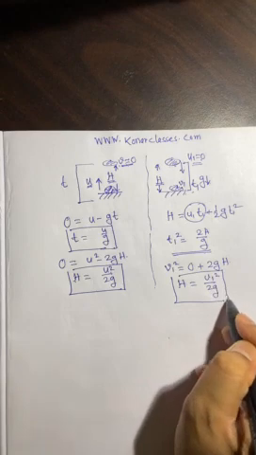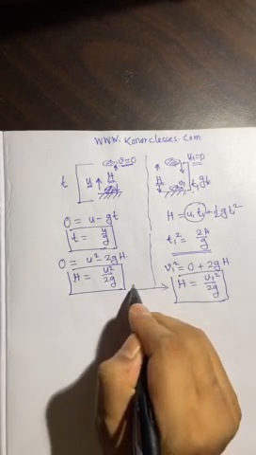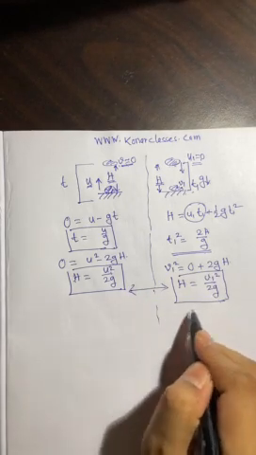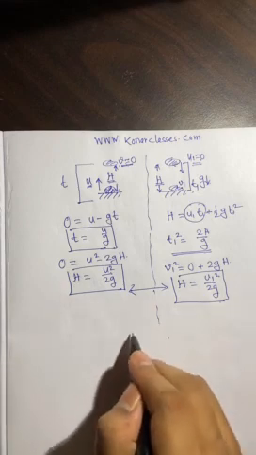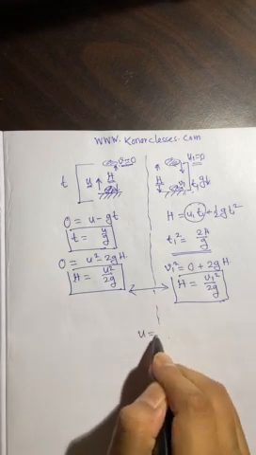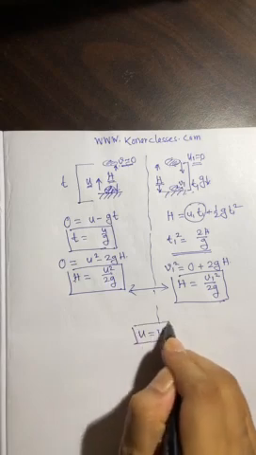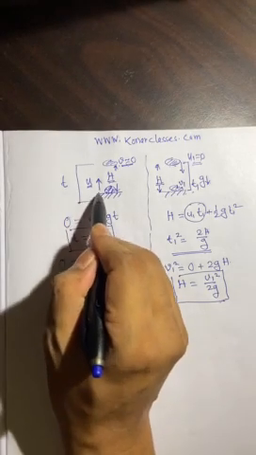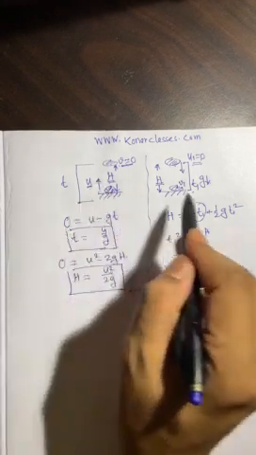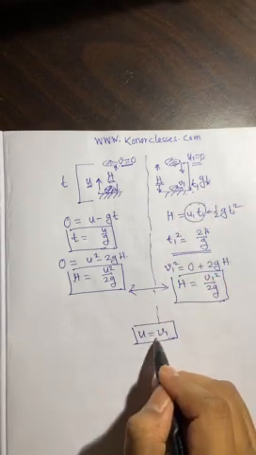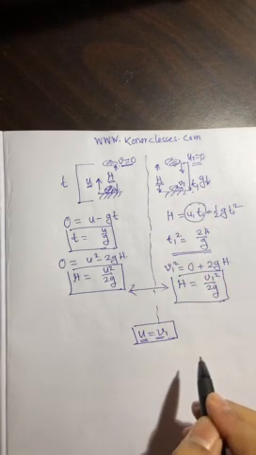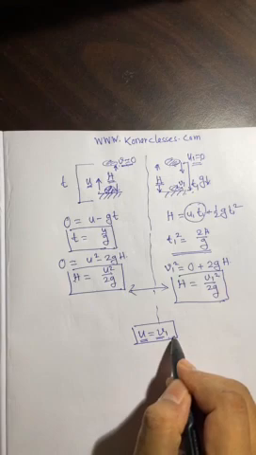If you see these two equations, in both cases h is the same, so from these two equations we get u equal to v1. That means the velocity at which the particle was thrown upward, when it comes down it attains the same velocity. This is a very important concept. So v1 equals u.